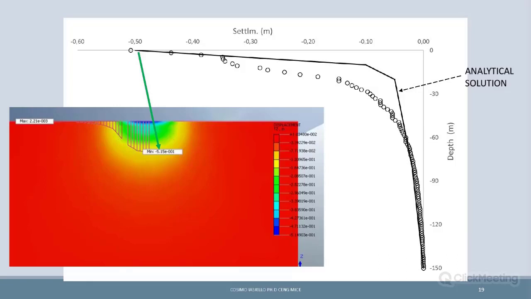This difference is exactly the difference between the elastic isotropic material and the soft soil. So this difference is very important because with our model we are able to go further from the analytical solution and to have a real behavior of the soil.